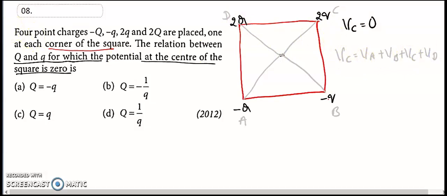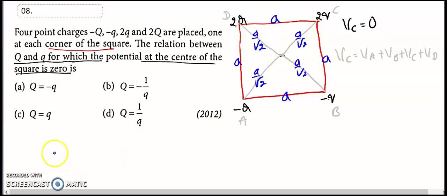This is the center of the square, and the sides are the same, side a. The distance from each corner to the center of the square is a by root 2.